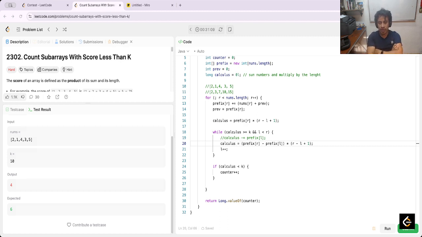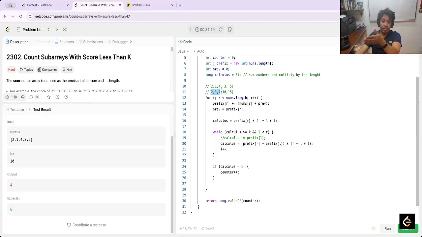Calculus is equal to the prefix in the position r, that in this case for example is 7. Currently this is the subarray, but the result is greater than 10. I am taking this 7 less the first, that is 2, is 5. 5 multiplied by in this case this is 2, is 10, still greater.